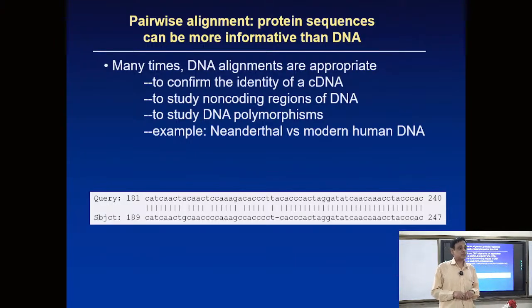But if you want to compare regulatory sequences or non-coding sequences, which do not code for proteins, or genes that do not code for proteins, the non-coding RNA genes, you would have to perform DNA alignment. And we discussed yesterday cDNA and EST. An EST arises from a gene, right?